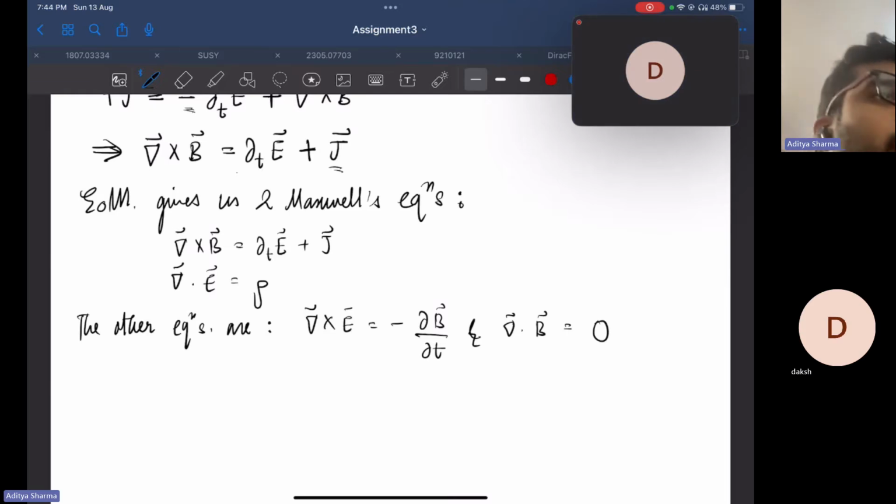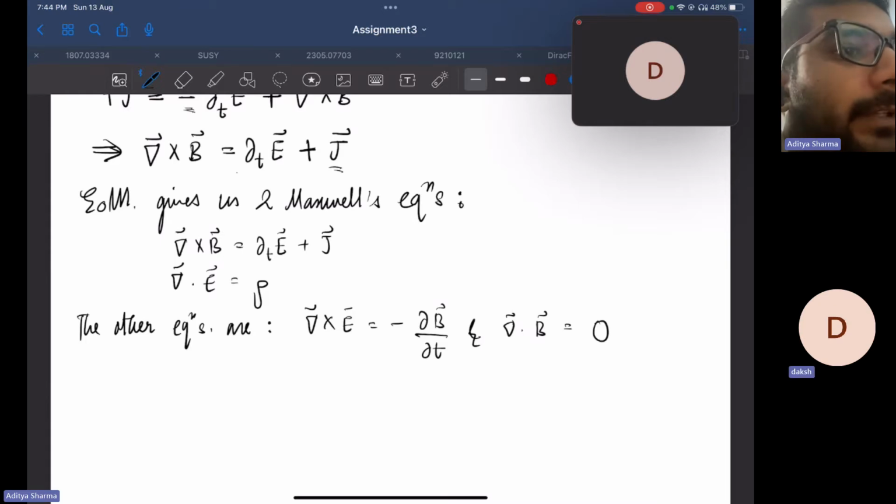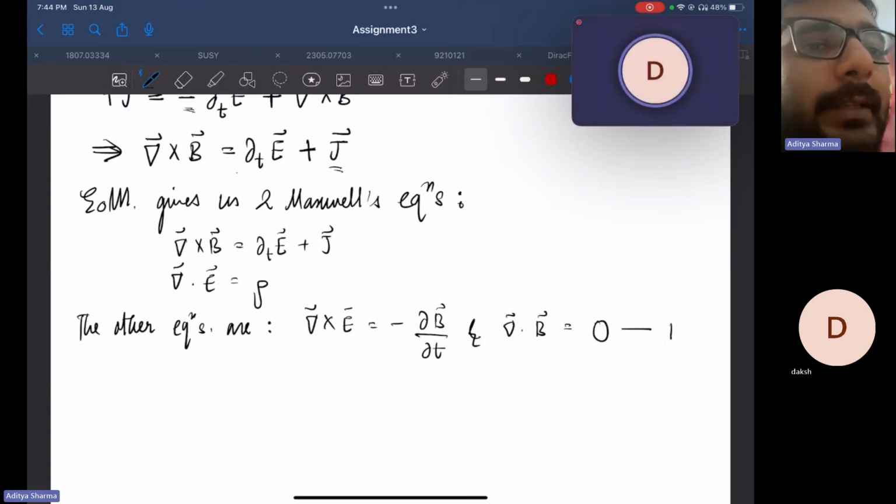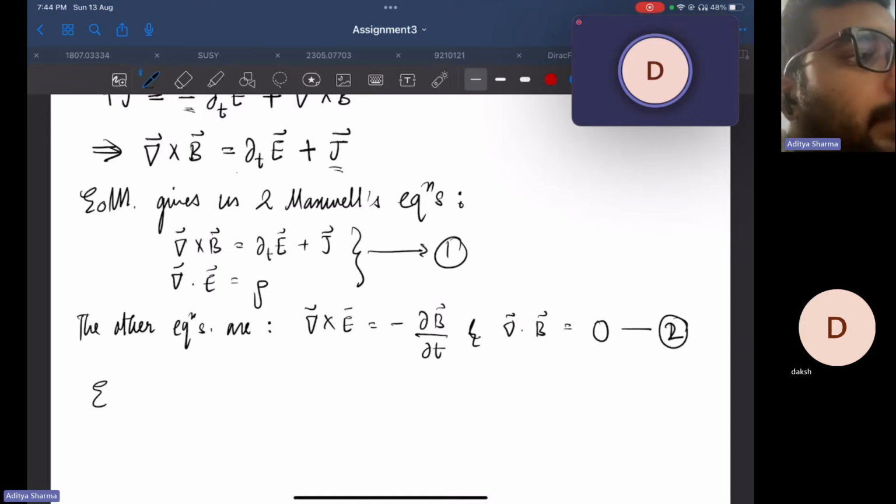Now I want to point out something, okay? These two Maxwell's equations, which I'm writing as equation 2, and these two Maxwell's equations, equation 1. Equation 1 has source information.